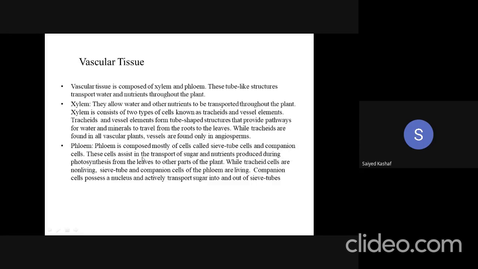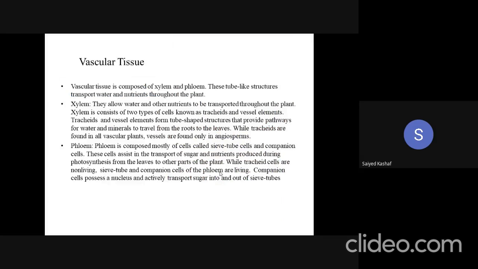These cells assist in the transport of sugar and nutrients produced during photosynthesis from the leaves to the other parts of the plant. While the tracheid cells are non-living, the sieve tubes and companion cells of the phloem are living. The companion cells possess a nucleus and actively transport sugar into and out of the sieve tubes. So here it was all about the tissues and their systems, how they are modified, what their characteristics are, where they are located, and how they function.